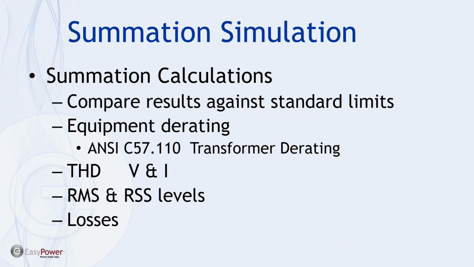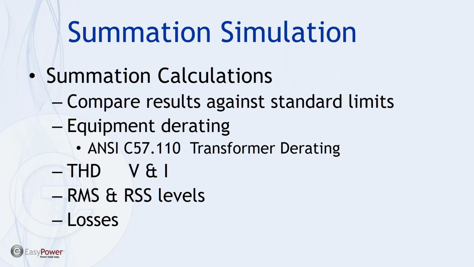So there are three approaches, or three facilities, that the EasyPower harmonic module offers. One is a summation simulation, where we do the summation calculations of total harmonic distortion, both current and voltage.